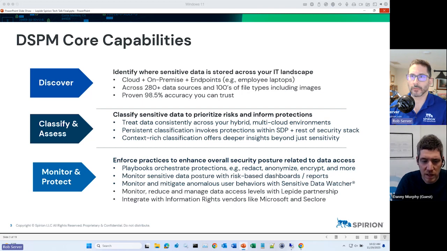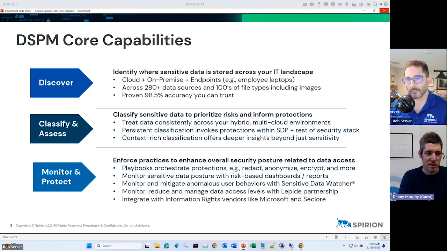Yeah, from a monitoring and protection perspective, if we understand where the data is, who's got access to it, and what levels of access they've got, then obviously we can't lock everything down. We have to follow a least privilege model when dealing with sensitive data. But more importantly, what are they doing with it?